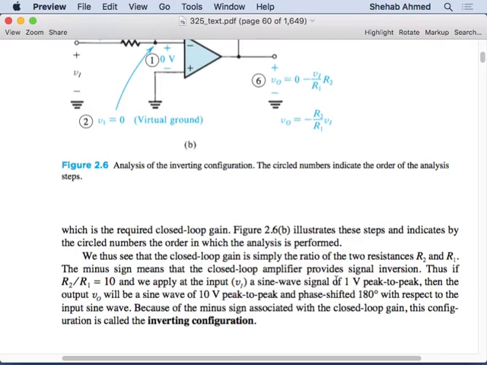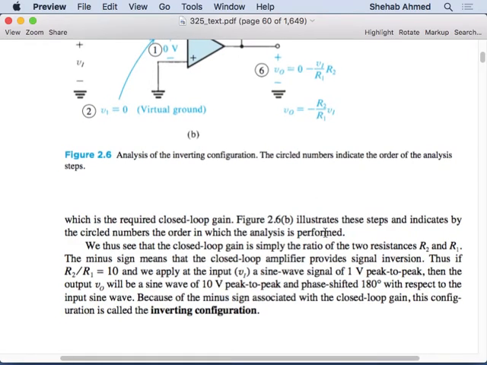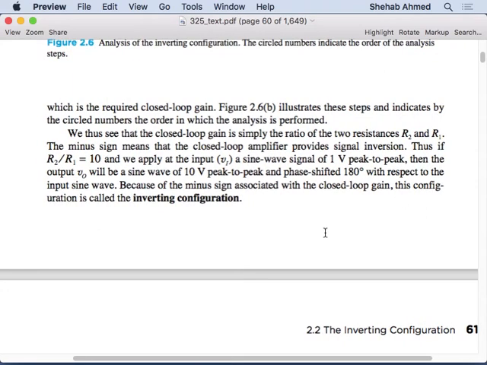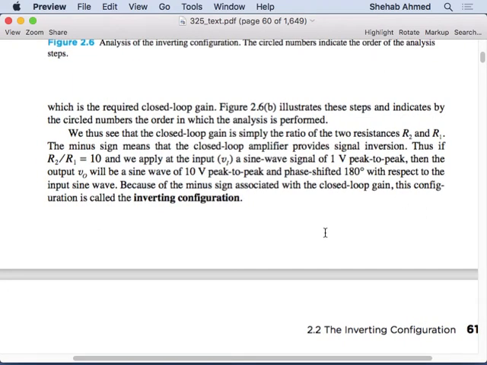And I also expect that this sine wave is 180 degrees out of phase from the original sine wave. Because of the negative sign, it's 180 degrees out of phase. So this is what the inverting configuration does. It has some nice interesting things.